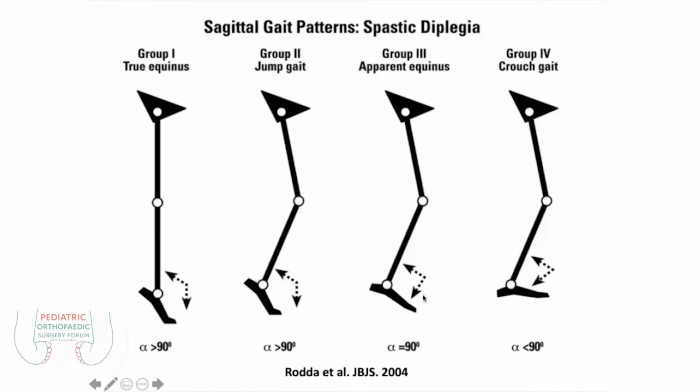Initially, in equinus gait, they develop a rocker bottom foot. There is a contracture of the ankle joint, but they develop a rocker bottom foot like this because of decompensation from the weight. But if you carefully examine, they have the equinus deformity, and later with further disability or further weight gain, the triceps become weak, or sometimes we do the TAL and they go on to develop more dorsiflexion, which is called crouch gait, and it is the gait which is difficult to treat.